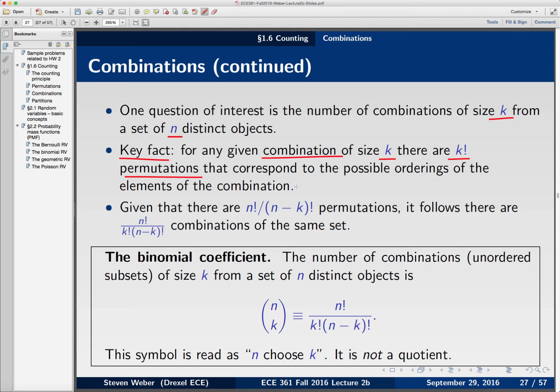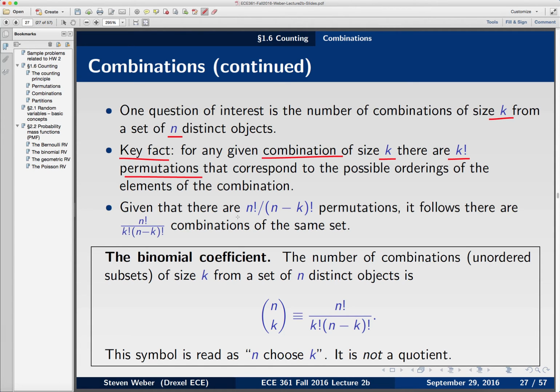In the previous slide, when we looked at the 2-combination AB, there were 2 factorial, equal to 2, permutations that correspond to the possible orderings, AB and BA. In a 3-combination A, B, and C, there would be 3 times 2 times 1 equals 6 permutations for that combination: ABC, ACB, BAC, BCA, CAB, CBA.